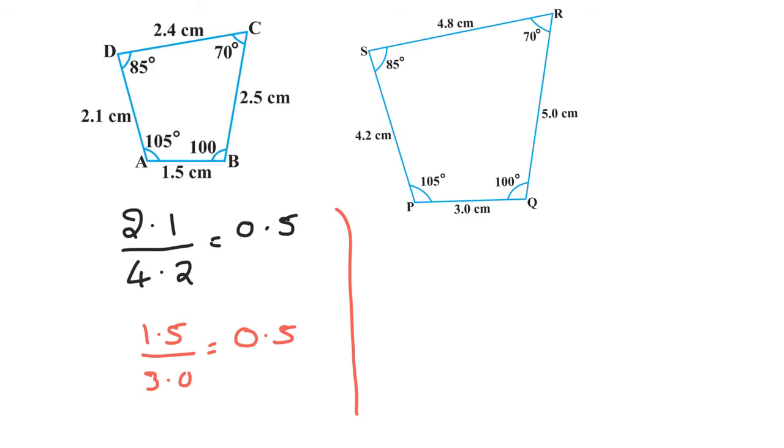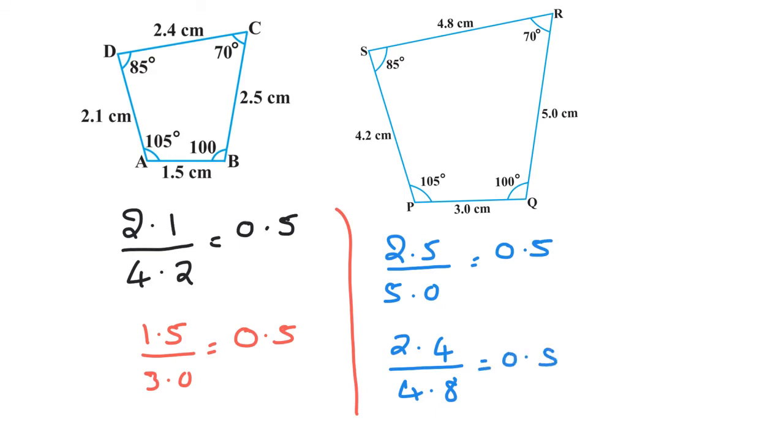It is QR. So BC is 2.5, corresponding side QR is 5.0. How much is that? 0.5 again. What is the corresponding side of CD? It is RS. So CD is 2.4 divided by corresponding side RS, which is 4.8. It is also 0.5.